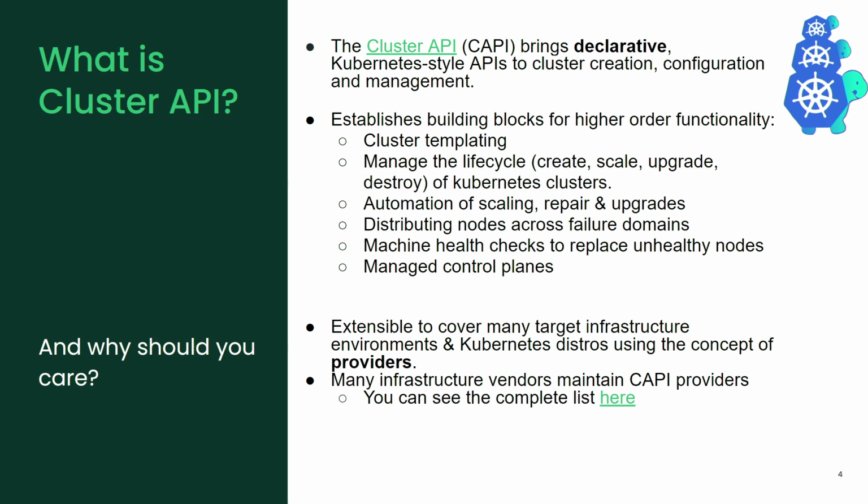It has the capability of provisioning your target infrastructure in a number of cloud providers or environments, and to do so, they have a concept called providers. As of today, I could count 30-plus infrastructure providers for CAPI, and the list is ever growing.